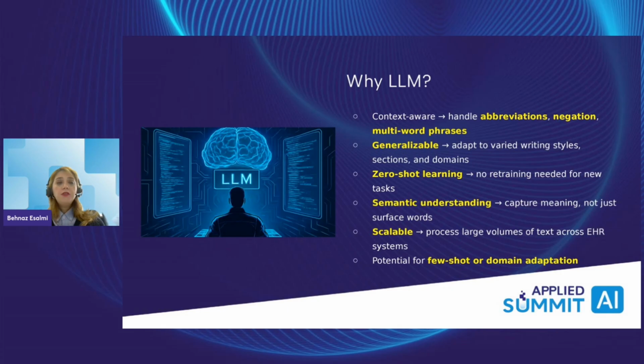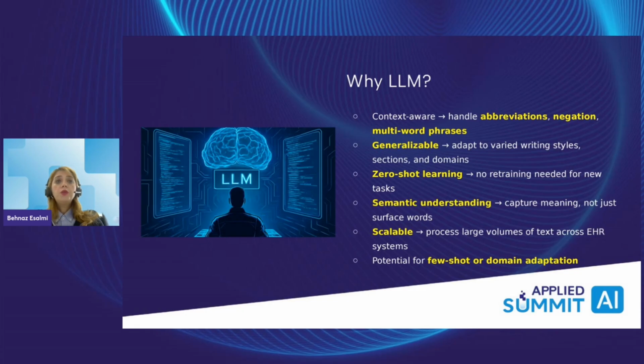Okay, before diving into our hybrid framework, first of all, I just want to answer this question: why LLM? Here you can see some of the advantages of the large language models. They are context aware, so they can understand abbreviations, negation, and complex phrasing. They are generalizable, adapting to different note sections or specialties.